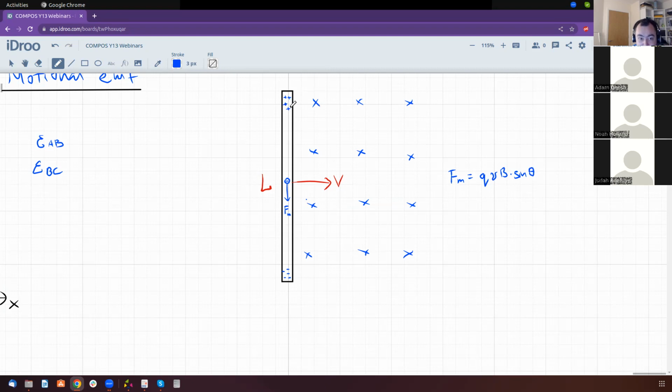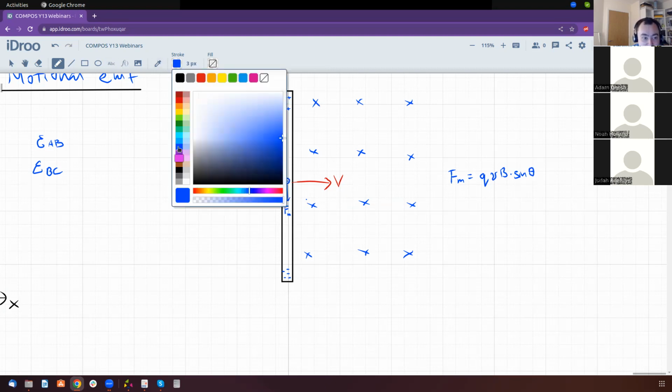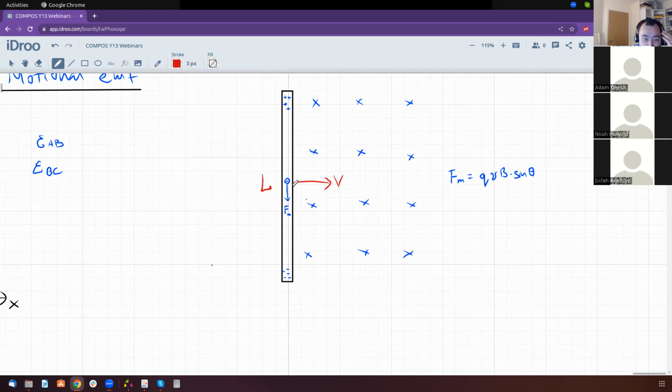Now, because there's a positive charge here and a negative charge here, there's an electric field inside the wire. And if there's an electric field inside the wire, the free electron inside will now be attracted upwards towards the positive end, and this would be an electric force.